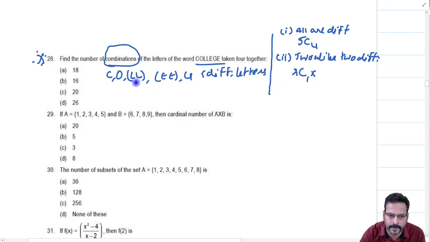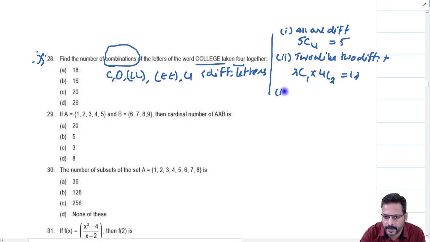If we choose one of these 2 letters, we have to find the combination of 4 letters together. If L is taken, then the remaining different letters are 1, 2, 3, 4. So we choose 2 from the remaining 4, 4C2. Then 2C1 into 4C2 is equal to 12. The first case is 5, then plus 12.